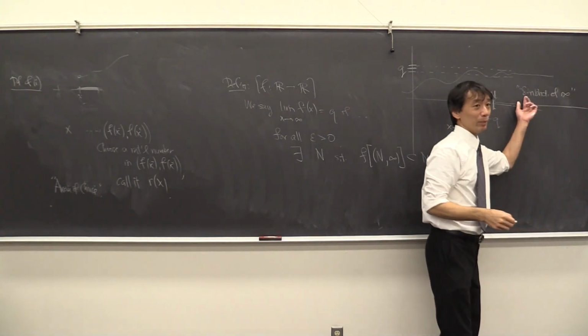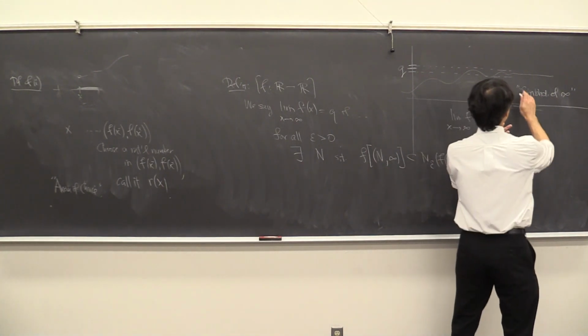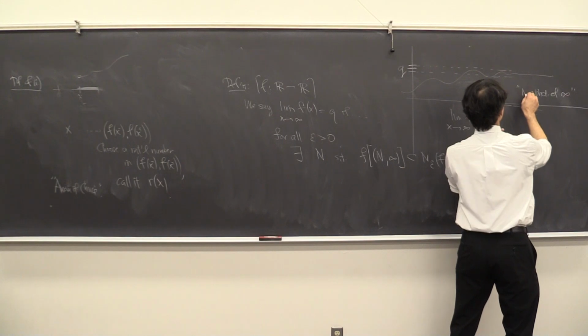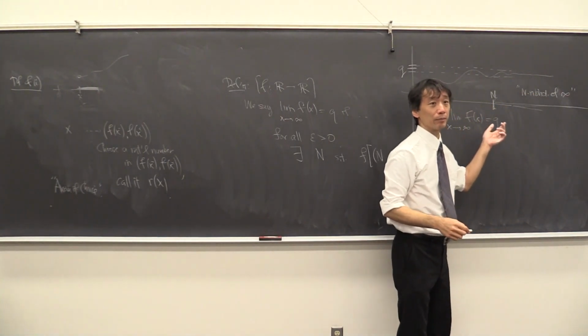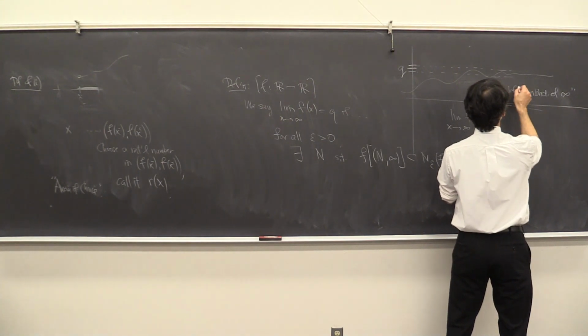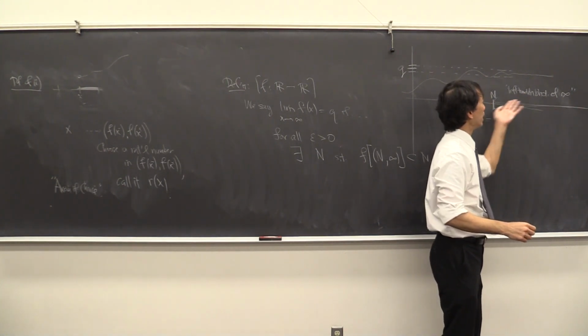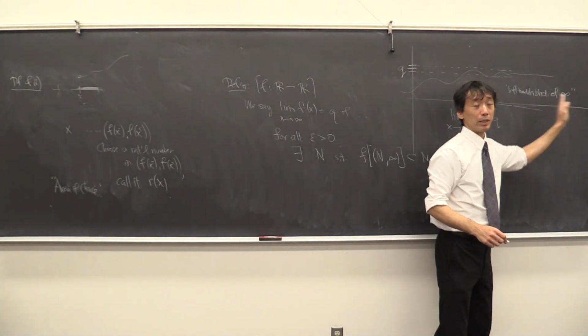But there's no delta here because delta you think of as a radius, and this radius is infinitely long. So I'm not going to call it a delta neighborhood. I'm going to call it an n neighborhood of infinity, some sort of left-handed neighborhood of infinity. Infinity is over there, and we've got things to the left of it.